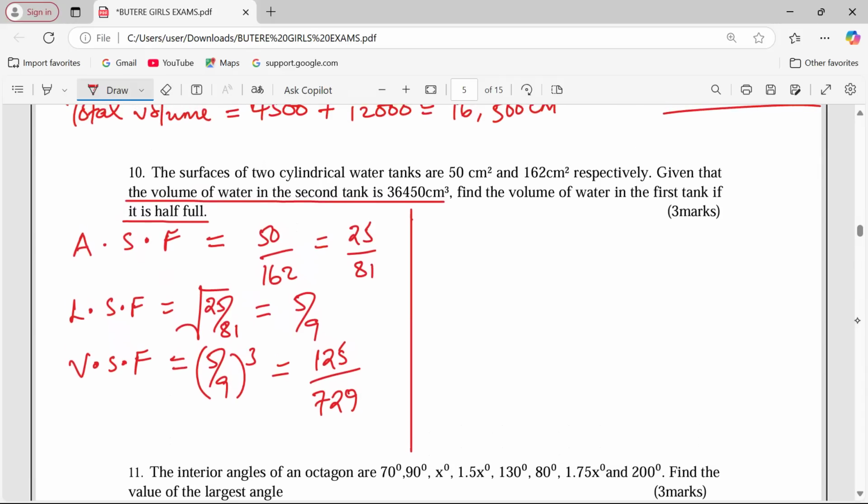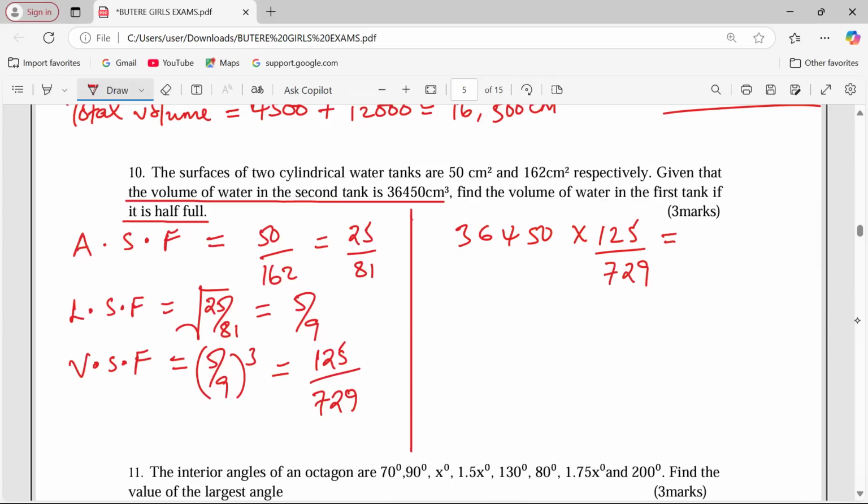Then with this, we are told to find the volume. The volume of the second tank is given, and according to the surface areas, the second tank is the bigger one. So to get the volume of the first tank, which is the smaller one, we are supposed to decrease 36,450 by multiplying it with 125 out of 729.